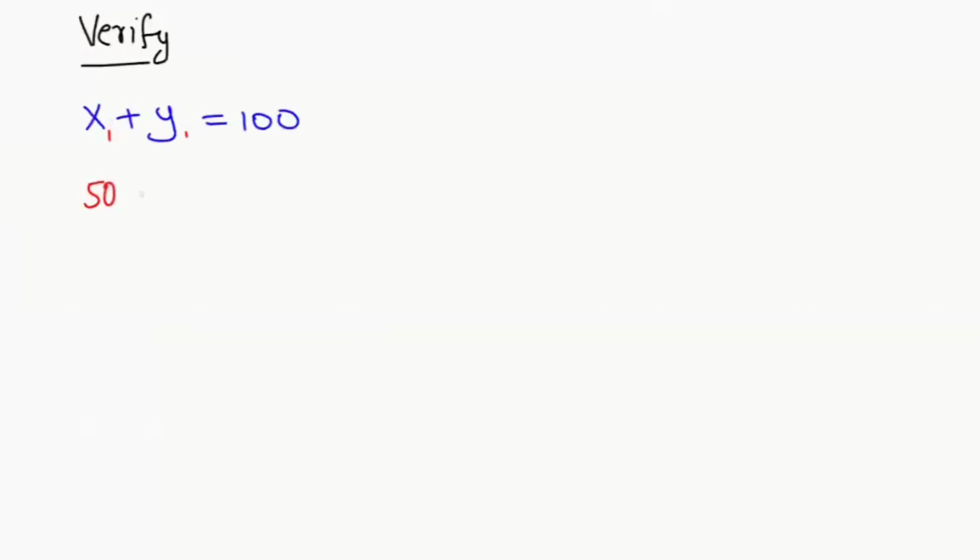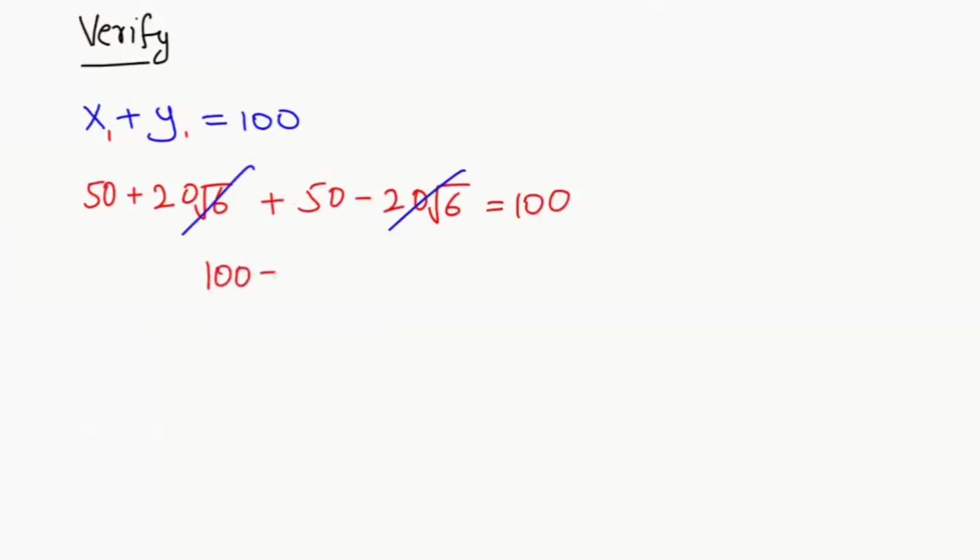The x1 value is positive, and here we get the negative value of y, equals 100. Here this and this get cancelled. So here we get 100 equals 100. So the left-hand side equals the right-hand side, which means I have verified x1 and y1.